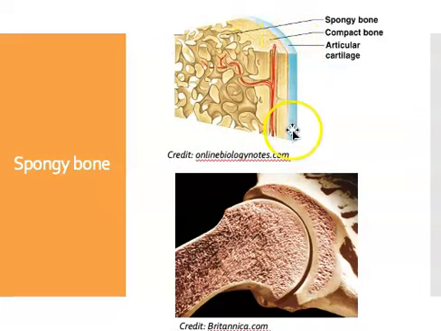This tells us that this piece of bone was pulled from the region of a joint. Within the cartilage, you can see a layer of bone that is solid. This is compact bone. And then within the compact bone, you can see a layer of bone that is porous. This is spongy bone. Where you see these sort of twists and turns of bone material, these are what we call trabeculae.